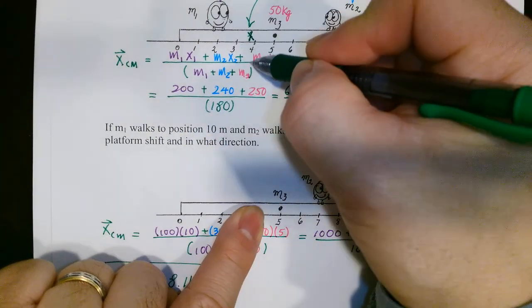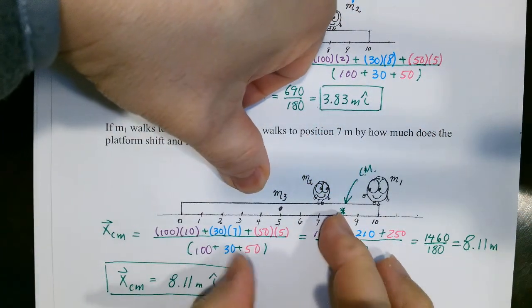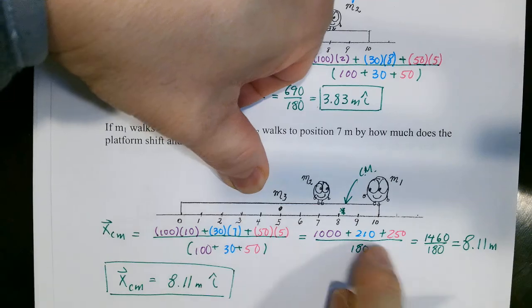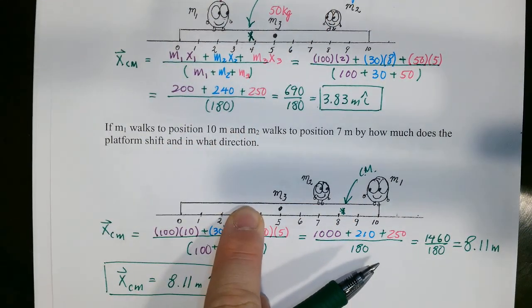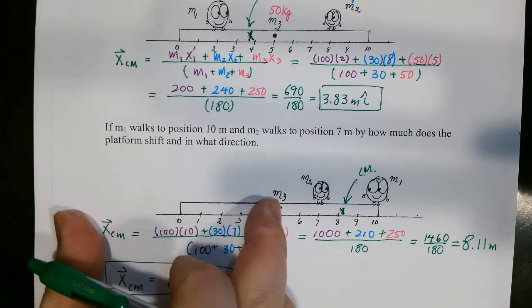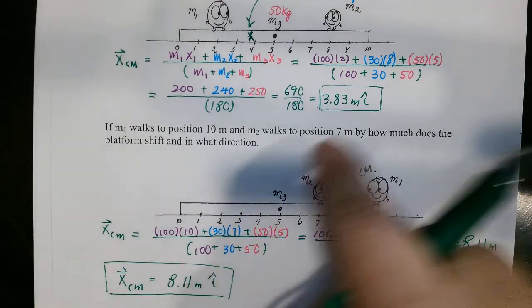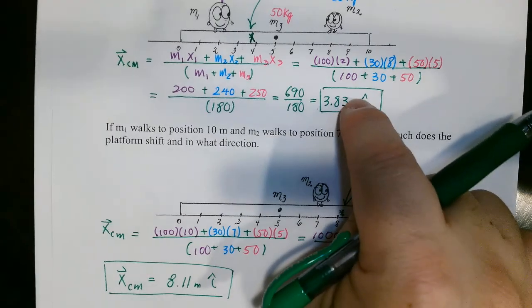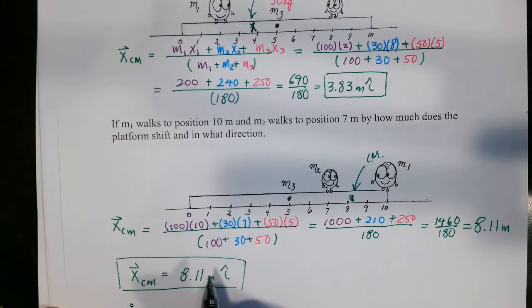So this thing would have shifted to the left, right? This minus that much.